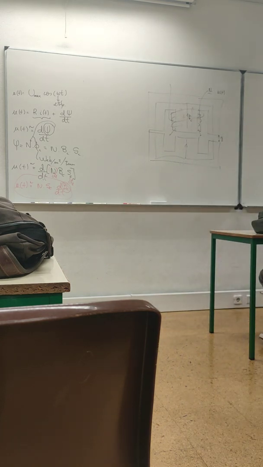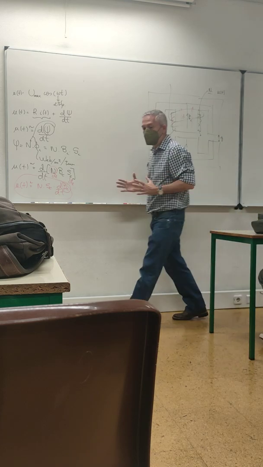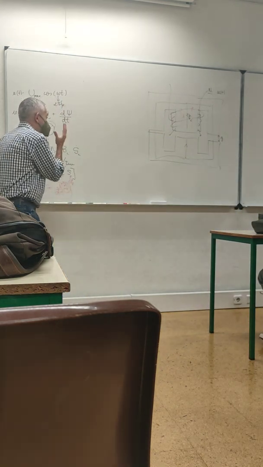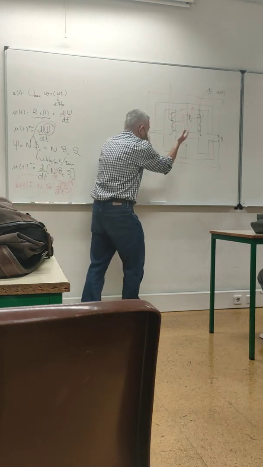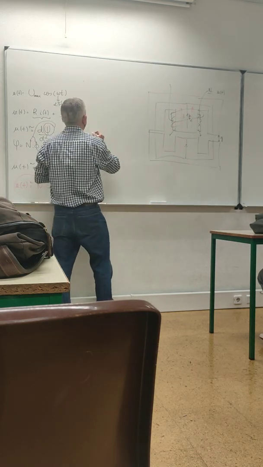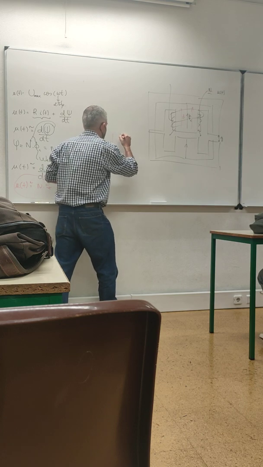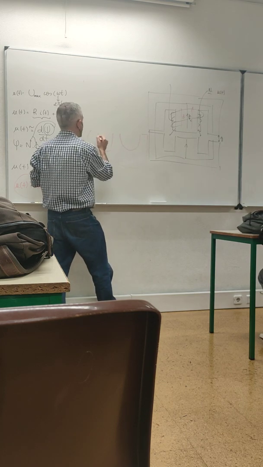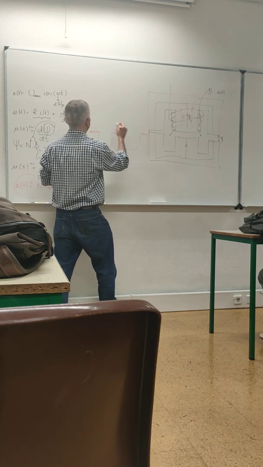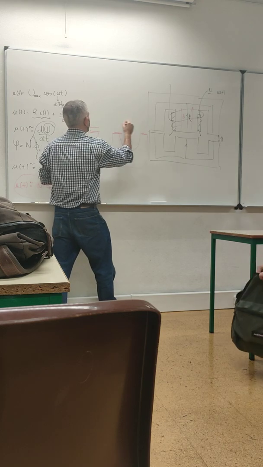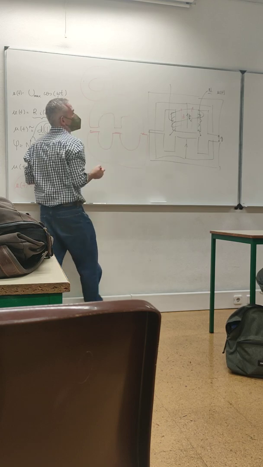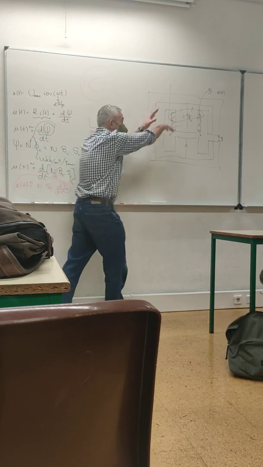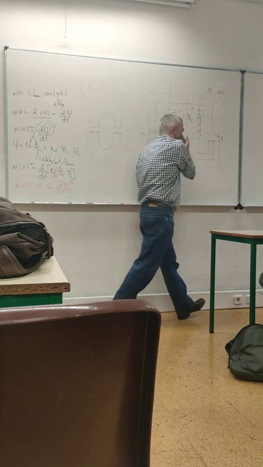Now, we know that there are certain variables about the electric machine. Imagine you have a circle like that. It is a magnetic circle. It's an electric machine. So we have losses.